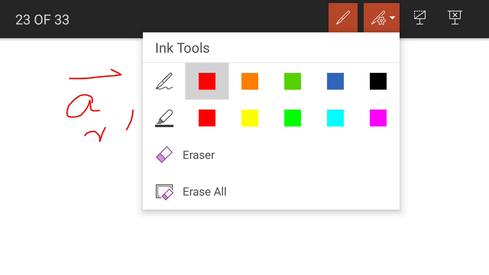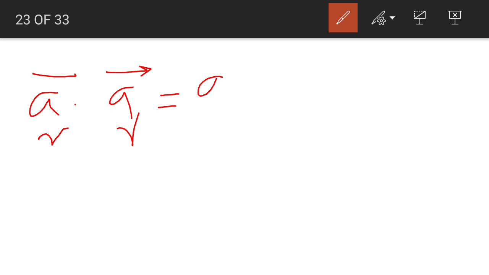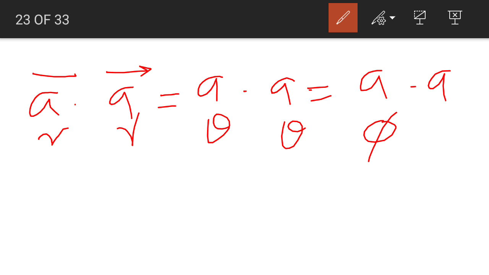Then we discussed the scalar product of these 3 unit vectors. AR dot AR results in 1. Similarly, A theta dot A theta results in 1, and A phi dot A phi results in 1.